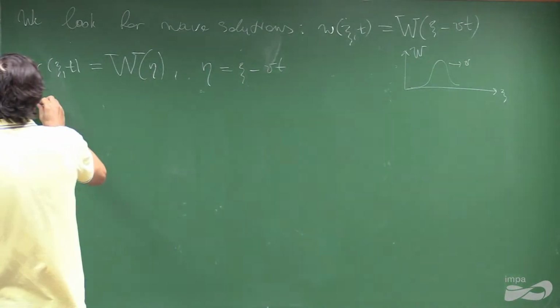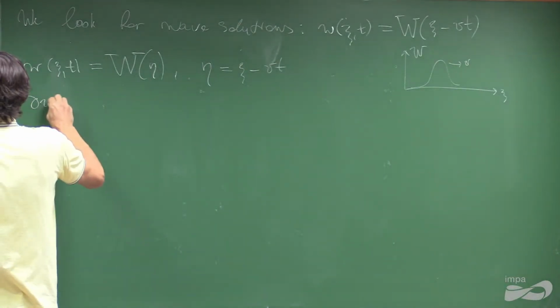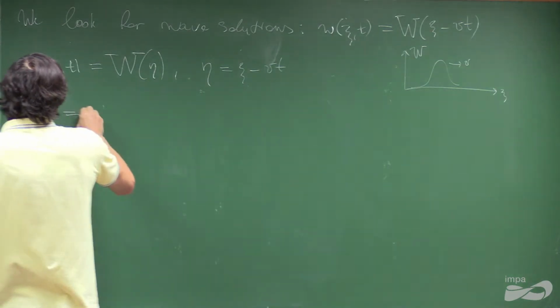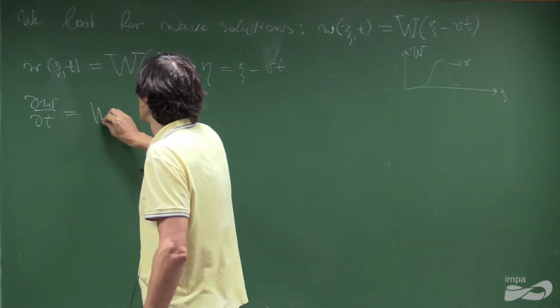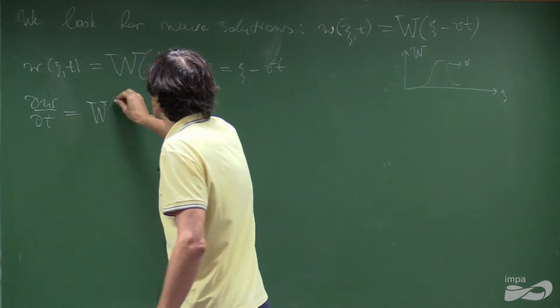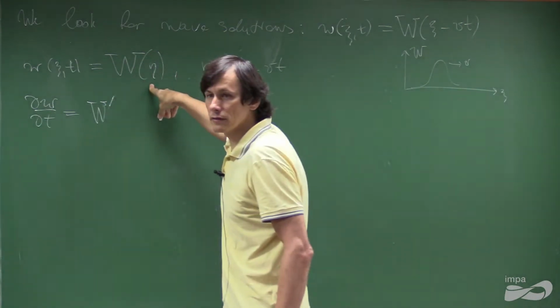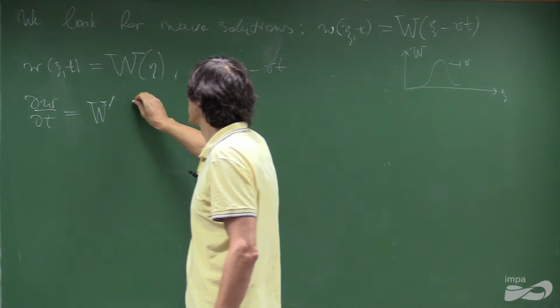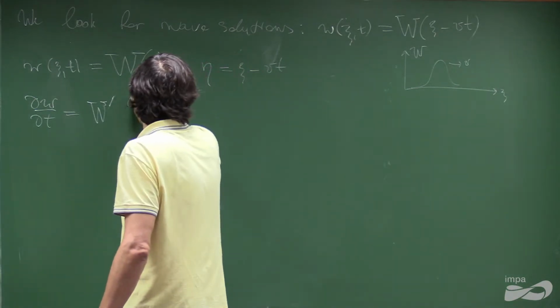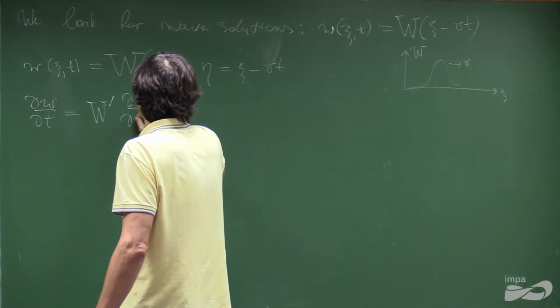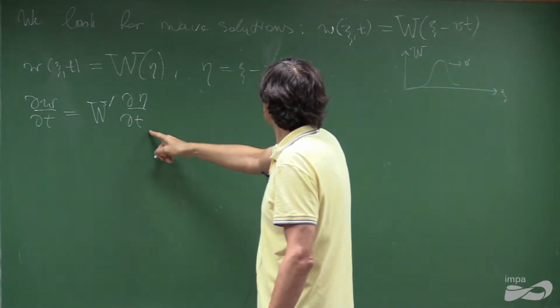So the derivative of W in time will be the derivative with respect to η, right? And then the derivative of η with respect to time. And this derivative is minus v.